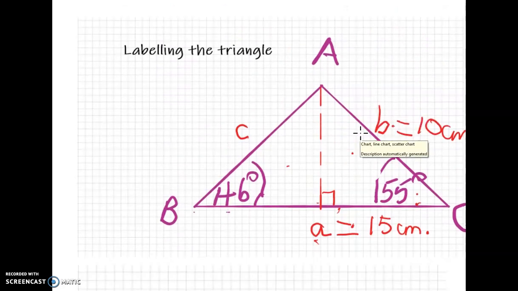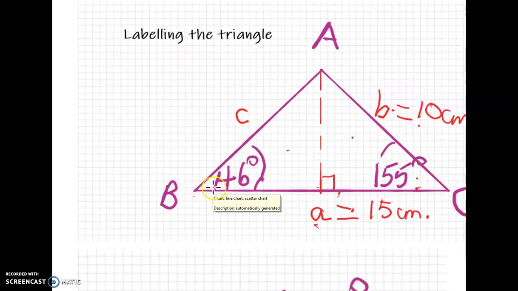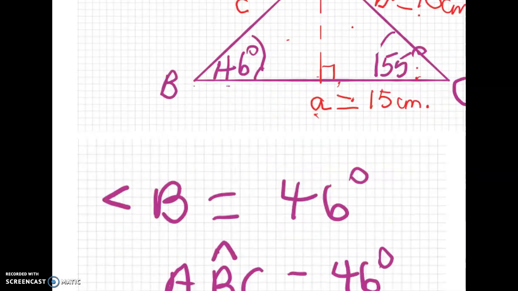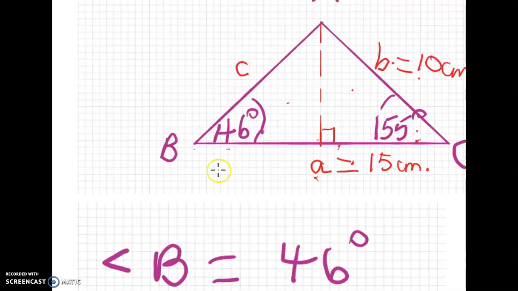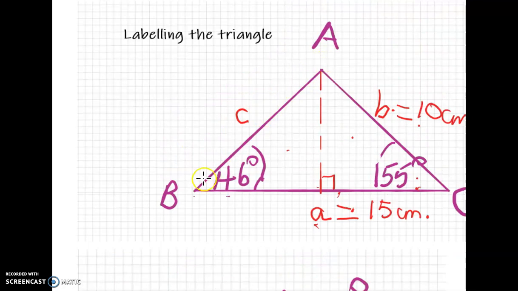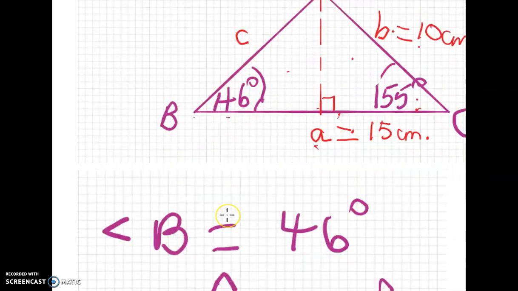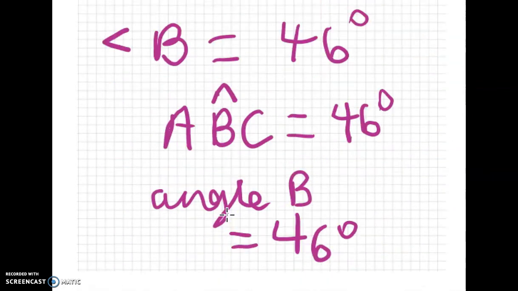Angle B was right here, ABC. So this is just notation, and there are different ways of representing it.